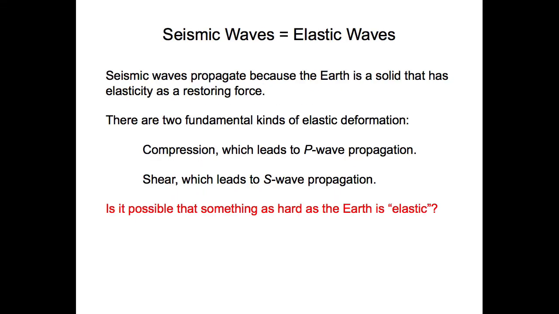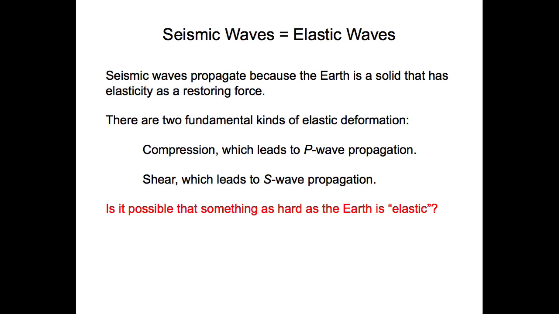So again, seismic waves are elastic waves. The elasticity, the stiffness of the Earth, provides a restoring force, and this gives rise to 2 fundamental kinds of waves that propagate through the Earth: P waves, or primary waves, which are compressional waves, and shear waves, or secondary waves, which we call S waves. Both of those exist in earthquakes.